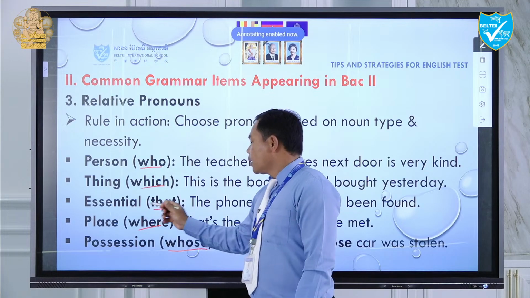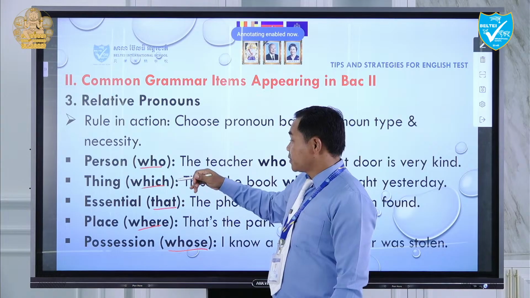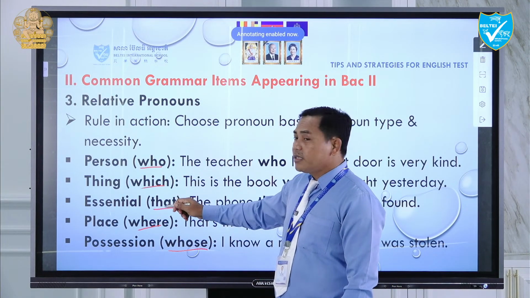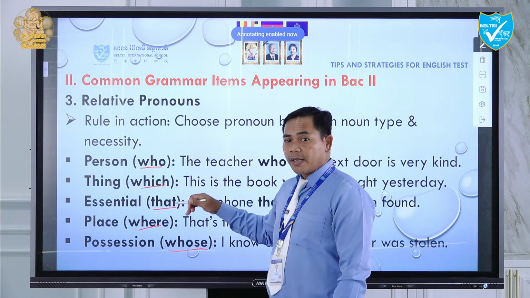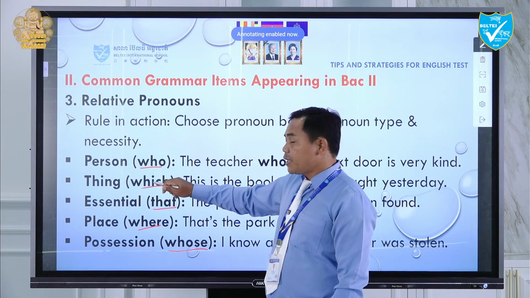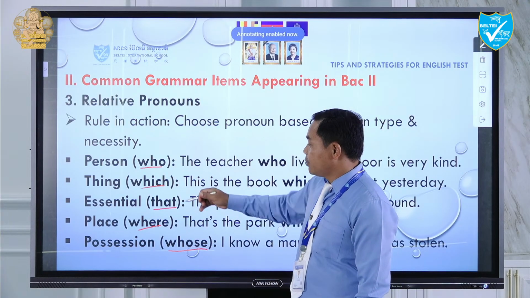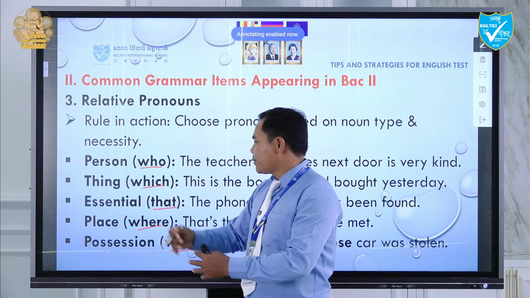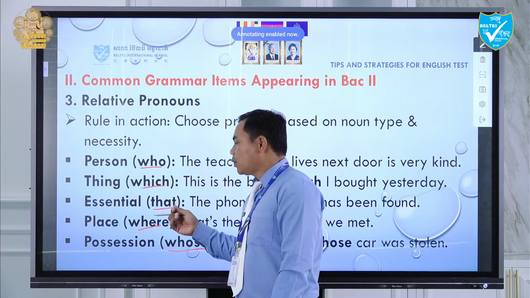Essential: in this case, if the noun is very important, we use that. Usually, that is always used in restrictive relative clauses, and which can be used in non-restrictive relative clauses. It can be a little bit different, but in some cases that and which can both be used.